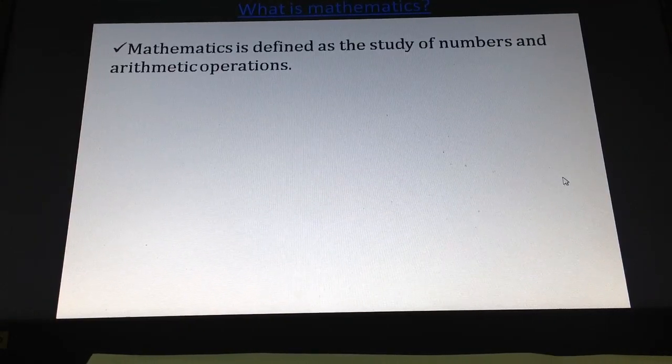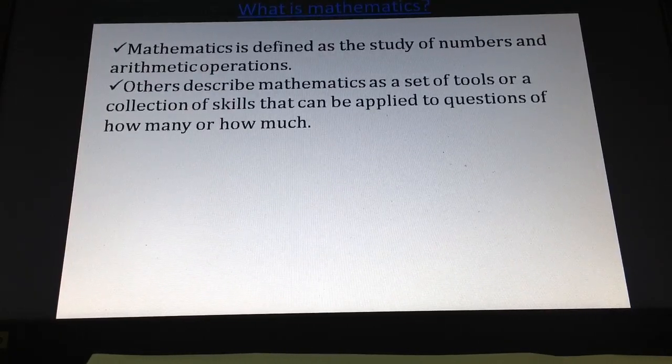So, mathematics is defined as the study of numbers and arithmetic operations. So, sa banda-banda yan, during midterm and finals, magkakaroon tayo ng computations about binary operations, the octal operations, and hexadecimal operations. So, mathematics is also a set of tools or a collection of skills that can be applied to questions of how many or how much.